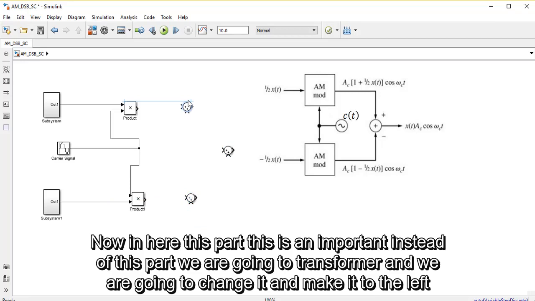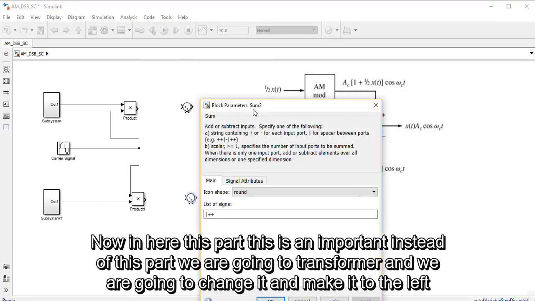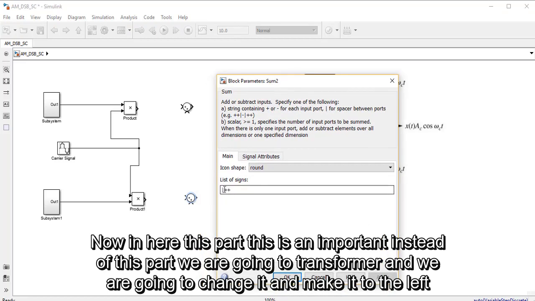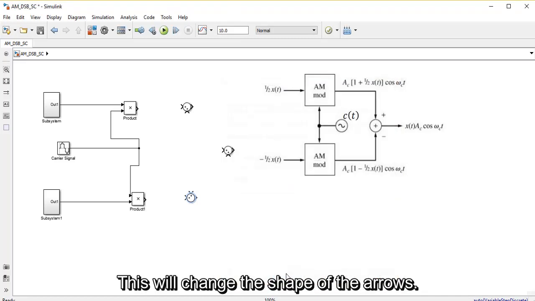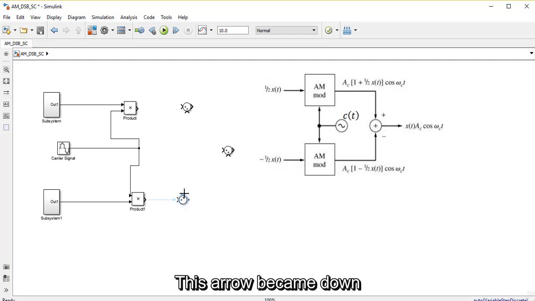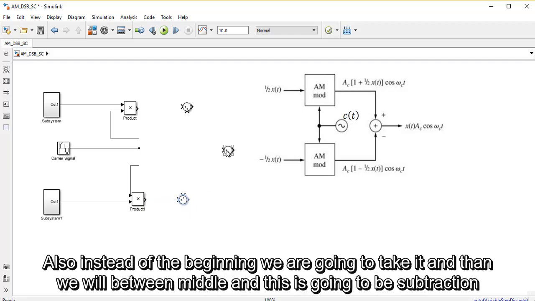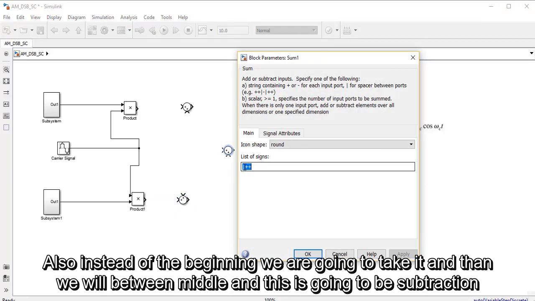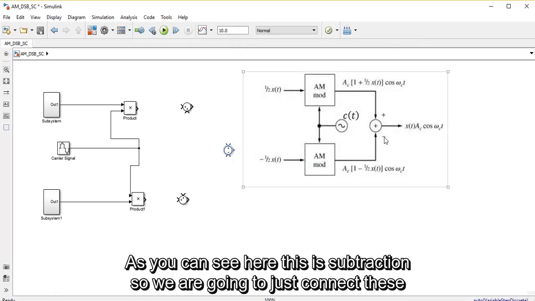Now in here, this part is important. Instead of this pipe being here, we're gonna transform it and change it to make it to the left. This will change the shape of the arrows. This arrow became downward. In here also, instead of the beginning, we're gonna take it and it will be in the middle, and this is going to be subtraction. As we can see here, this is subtraction.